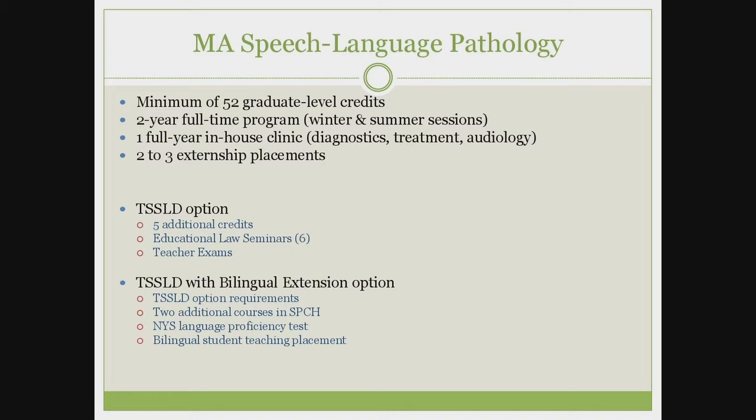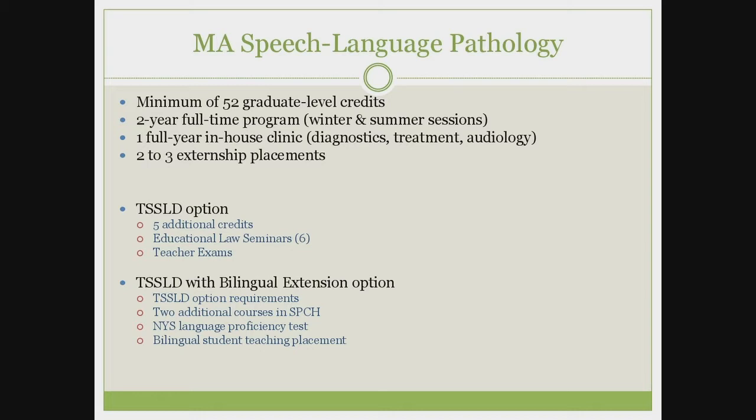You can see the next, the TSSLD option. This is 5 additional credits. So 3 of the credits come from an educational course where you discuss multilingual and multicultural issues, and the other is a course on speech-language pathology in the schools.